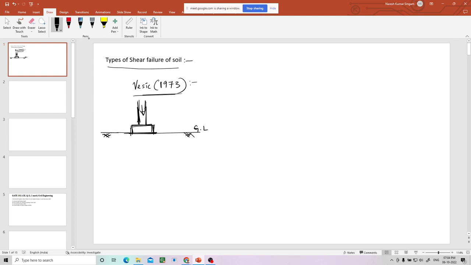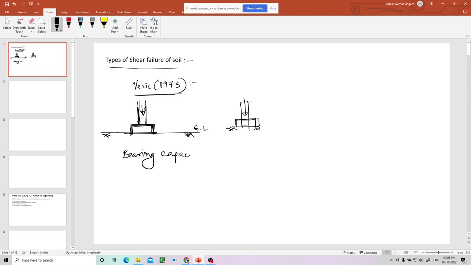If you construct a column directly on the ground, it will punch and fail. So you need a bigger area to transfer this load. That bigger area is called the footing. The capacity of the soil for this footing size is called bearing capacity.